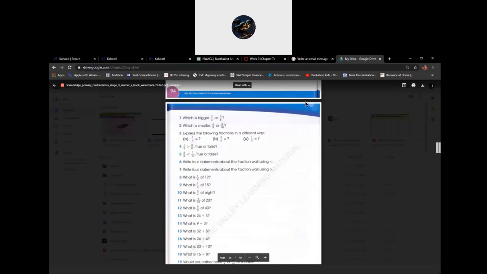I multiplied by 3 this time, because there was an 8 already in the denominator. So I multiplied 3 with the 5 and got 15 by 24. So there was 16 by 24 and 15 by 24.